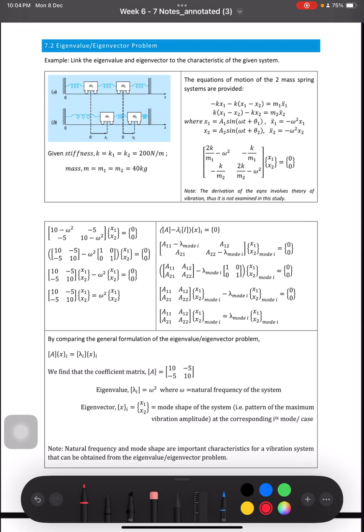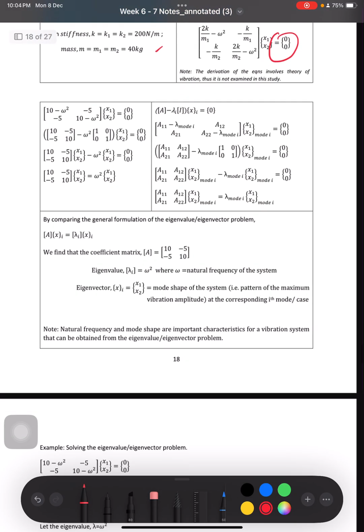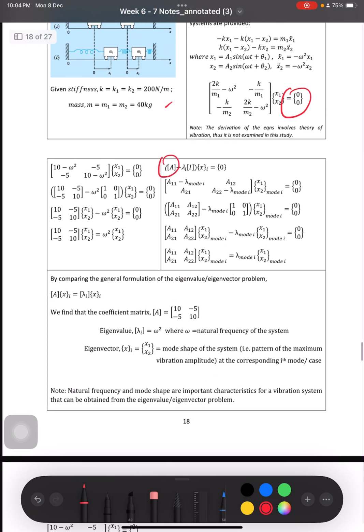This is one example of why the eigenvalue and eigenvector are needed, where we have a spring system that is equivalent to 0 when we want the system to be stable. We need to put the equation equivalent to 0 as shown here, and from that we can solve it by multiplying the eigenvalue with the identity matrix in order to solve for the eigenvector after that.